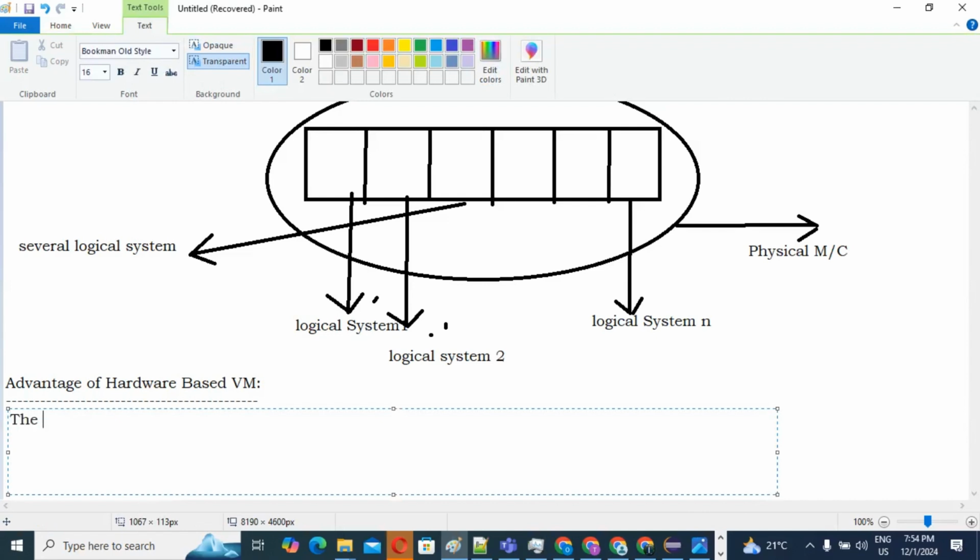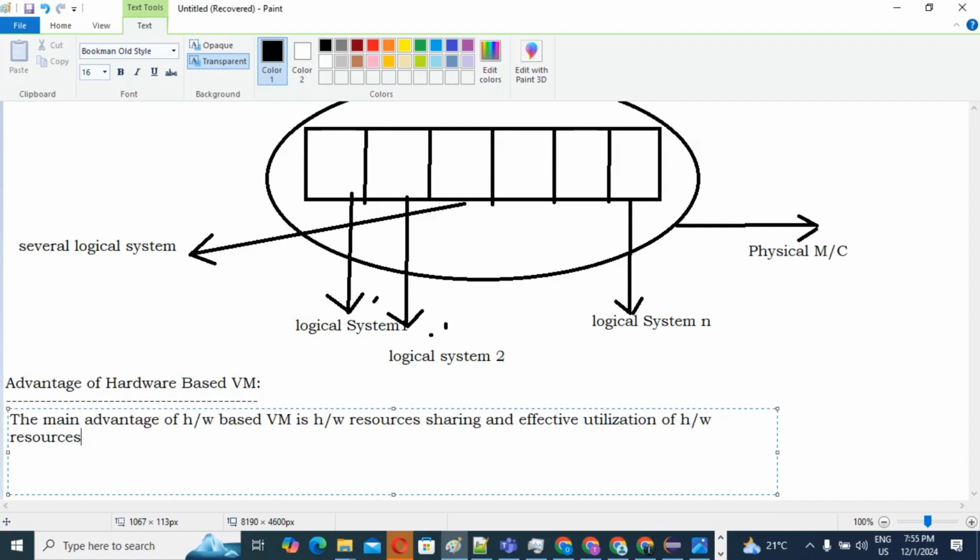So the main advantage of hardware based virtual machine is hardware resources sharing and effective utilization of hardware resources.